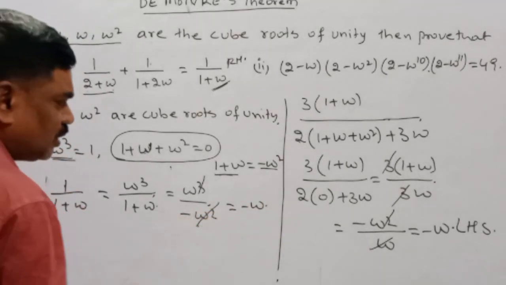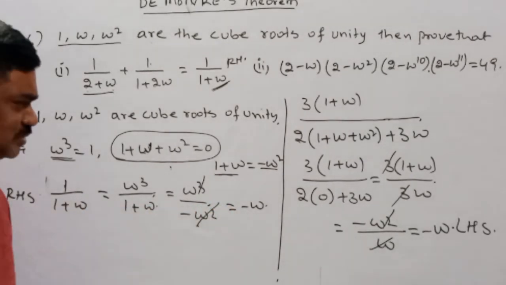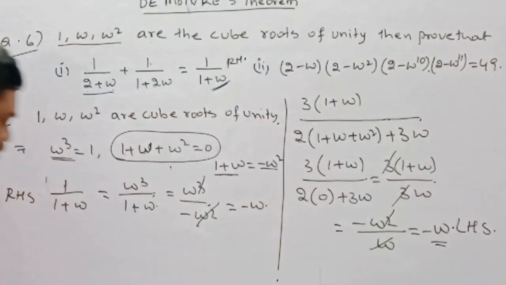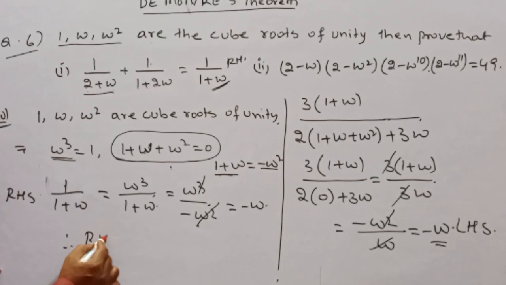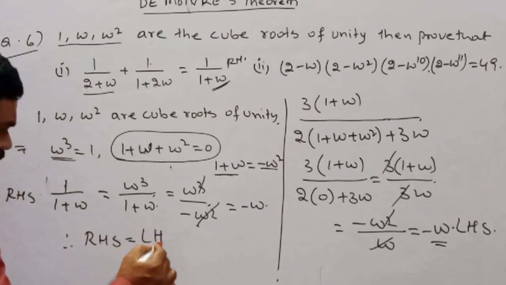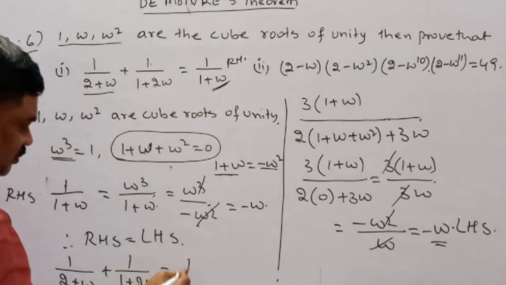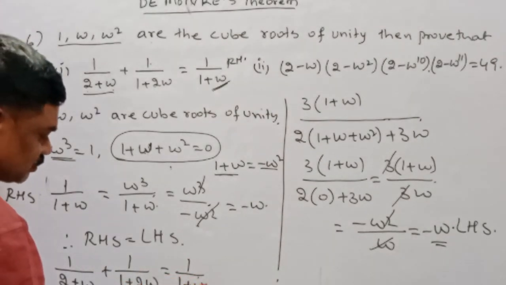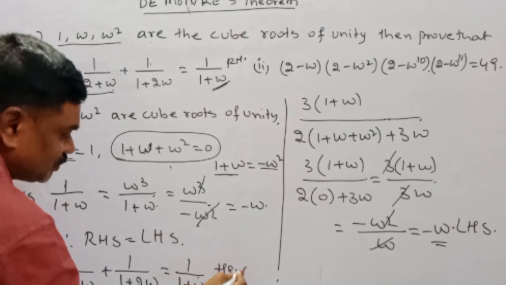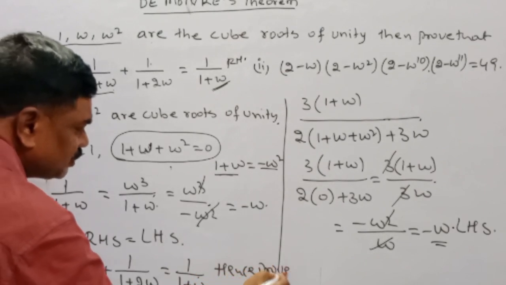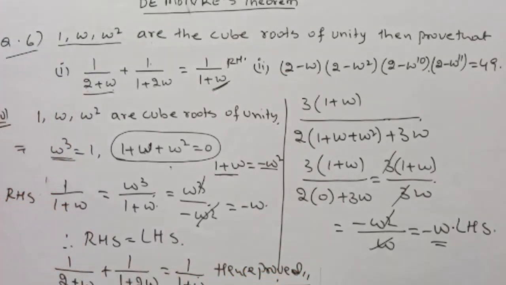This is the RHS and this is the LHS. Therefore, RHS is equal to LHS. Then we can write 1 by (2 plus omega) plus 1 by (1 plus 2 omega) is equal to 1 by (1 plus omega). Hence proved. Okay, all of you. That's all. Thank you.